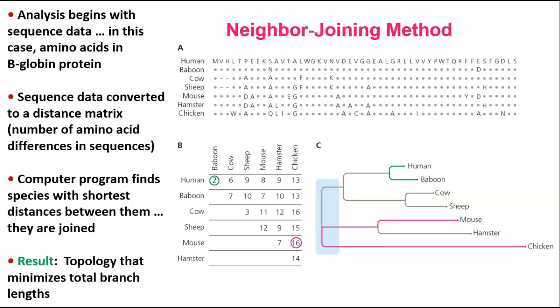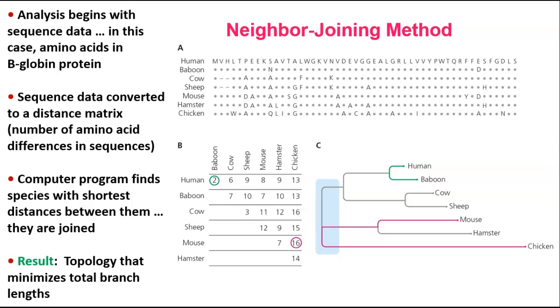If you see a dash, it means that there was a deletion in that position. And if you see a letter, that tells you that there's been a substitution with a different amino acid. So take a look at that figure A. It's basically the data matrix, or the data set, and that's what's going on.